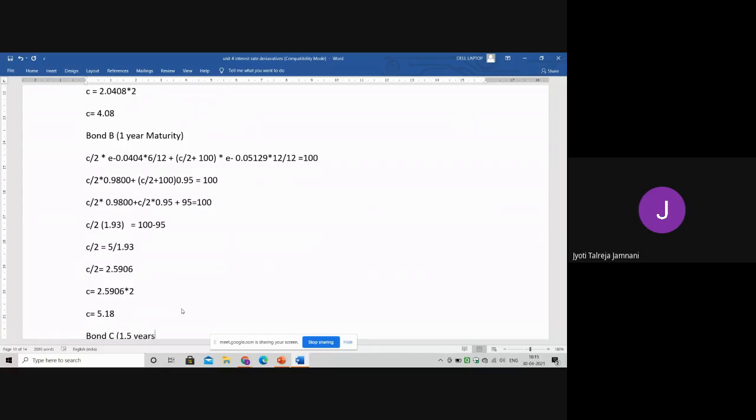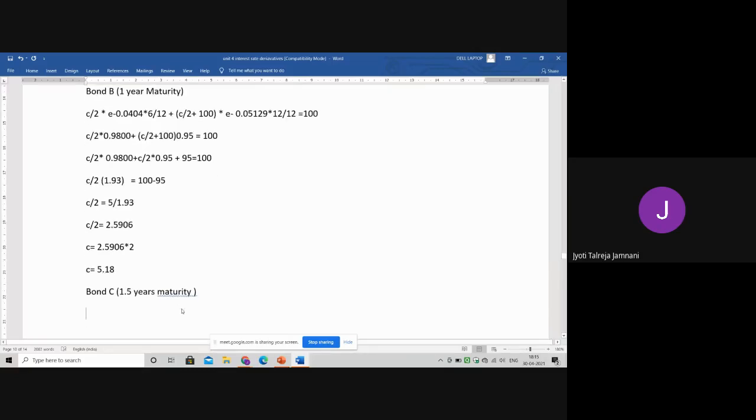1.5 years maturity. Three times we will receive the coupon.